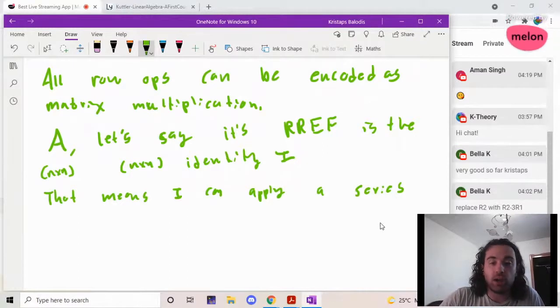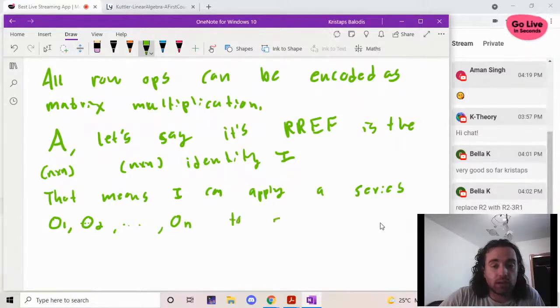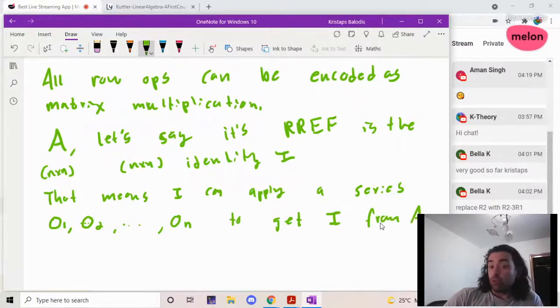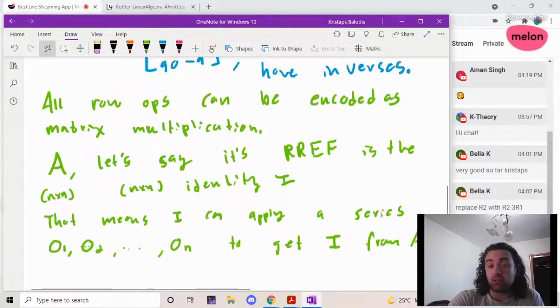So that means I can apply a series of row operations, which maybe I'll use the notation O for row operation. So there's some row operation O1, some row operation O2, up to On, to get I from A. So if I can get the identity matrix from A, right?